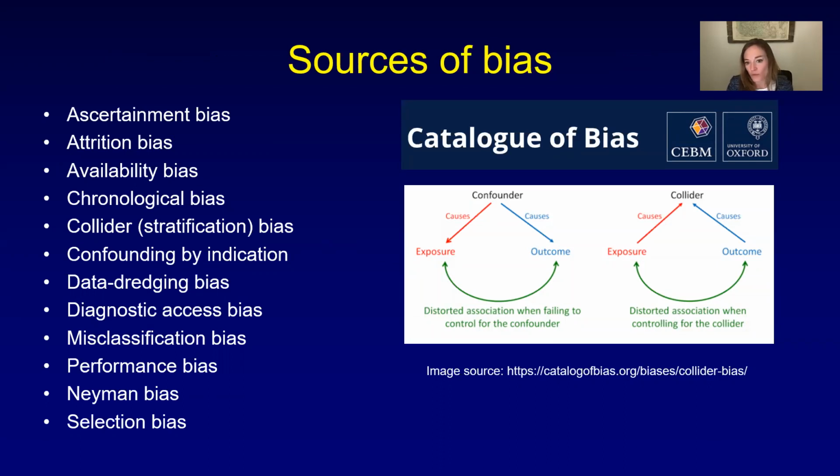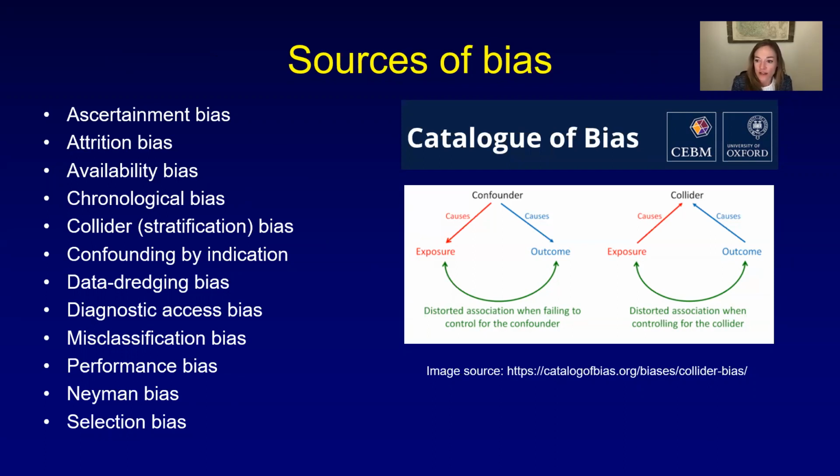We all hopefully know what bias is. It's something inherently in the data that you either need to consider controlling for in the analysis, though the only one you can really control for is confounding, or you need to think about what conclusions you can come to from this data set if you know there are some biases in it.